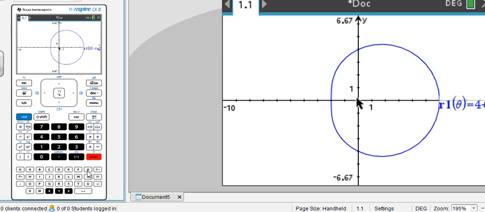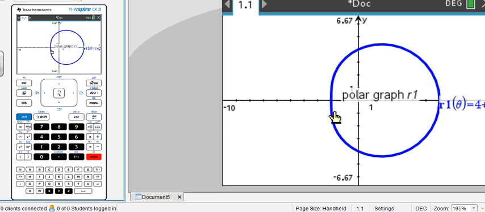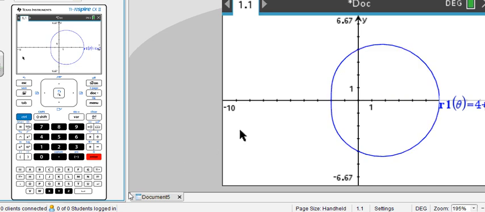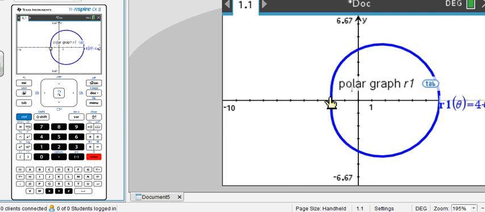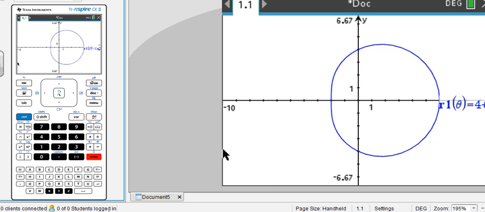When you first look at this graph, it looks very circular in nature, but when you look a little more closely, notice that the left side of my circle really isn't round, but rather it's flattened. So we can't call this a circle because it's not a perfect circle. But the name that we do have for this when we have that flattened side is called a convex limaçon.